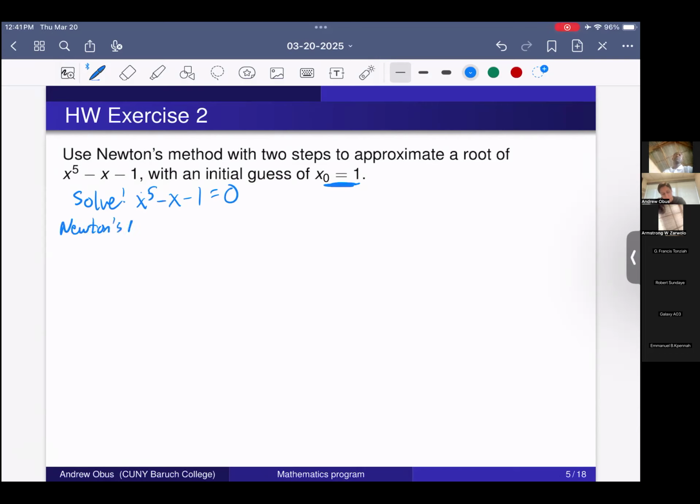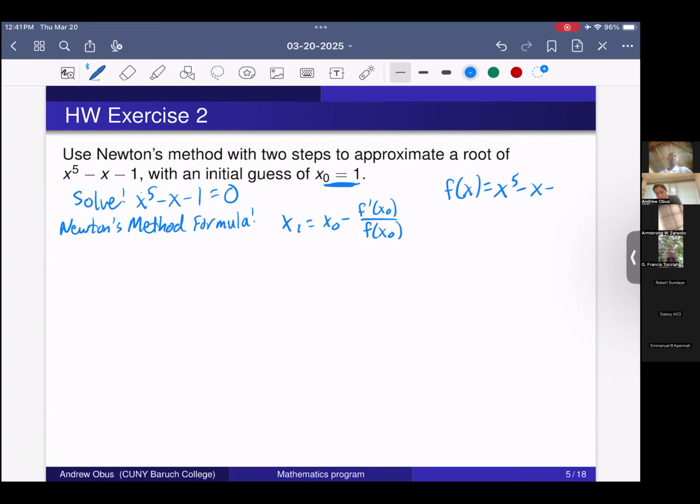So let's remember our Newton's method formula. Newton's method formula is saying that x1 is going to be equal to x0 minus f prime of x0 over f of x0. And here, f of x is just our function, x to the fifth minus x minus 1.